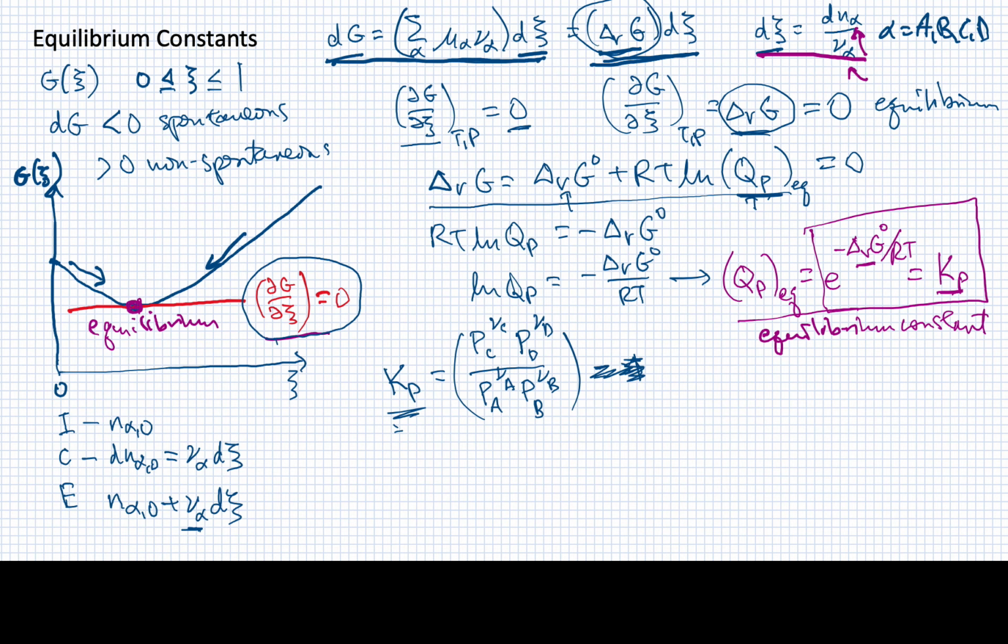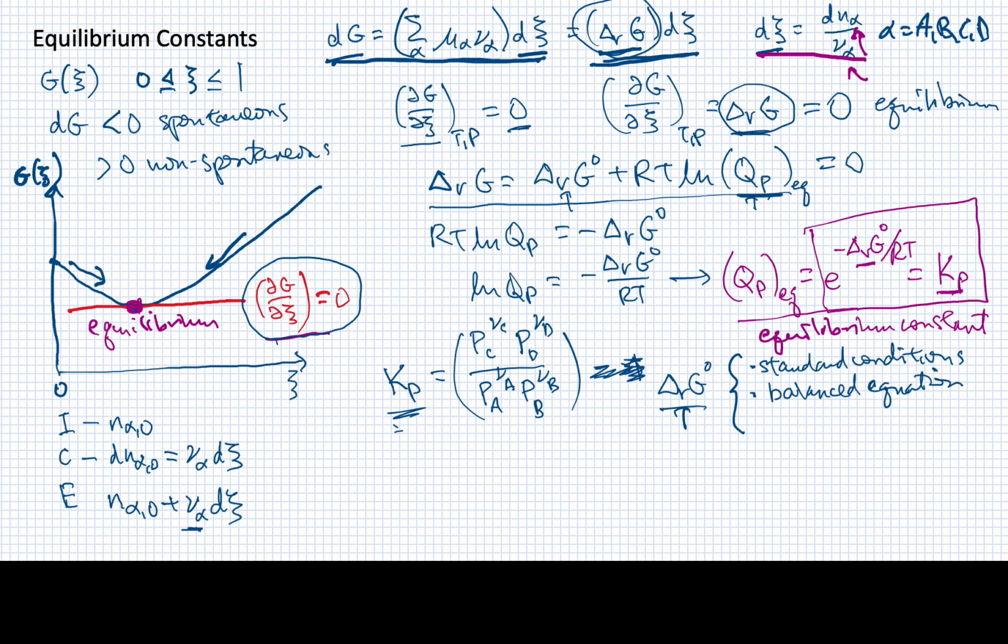Now, I want to note a couple of things about this quantity here, this ΔrG0. It is determined by the following quantities. It is determined by the definition of standard conditions. So we have arbitrarily chosen 298 Kelvin and 1 bar of pressure as standard conditions, but you could choose a different standard, then you would have a different value for this. It also is determined by the balanced chemical equation.